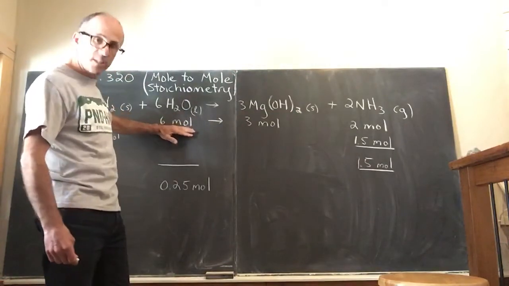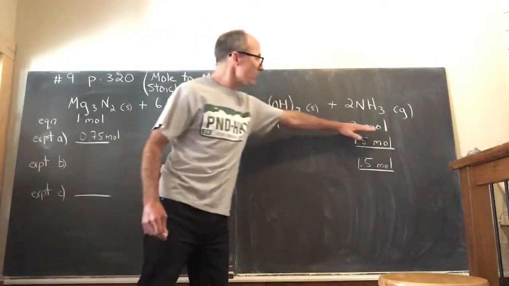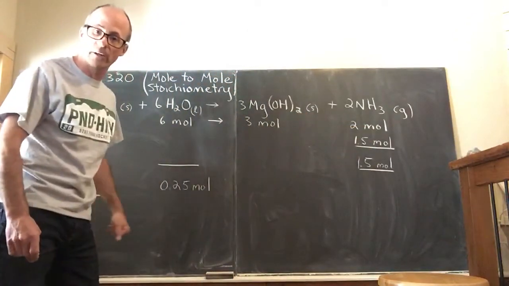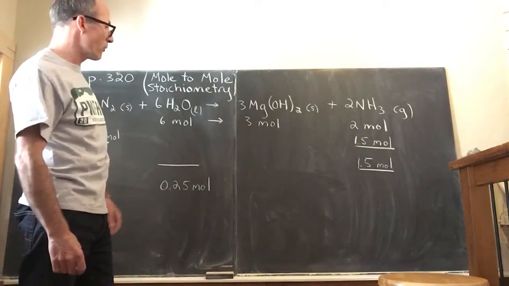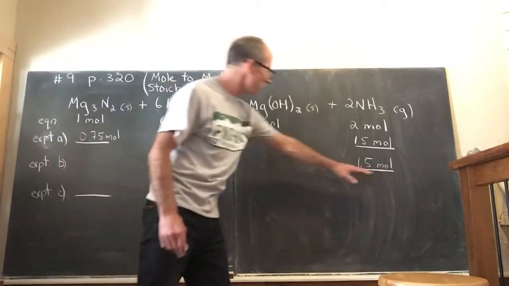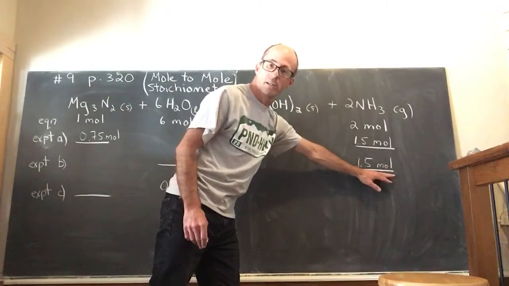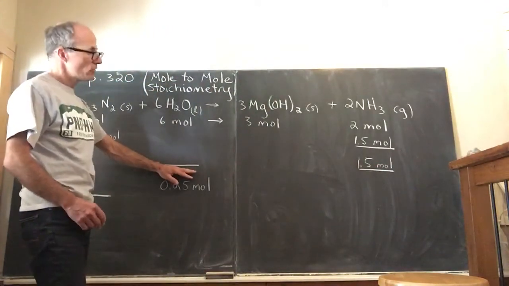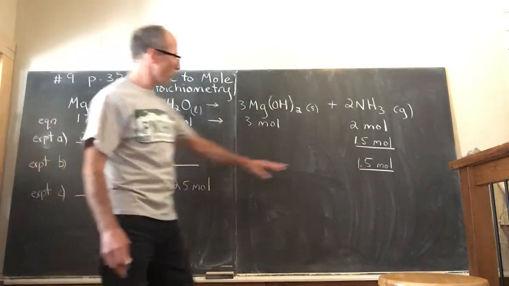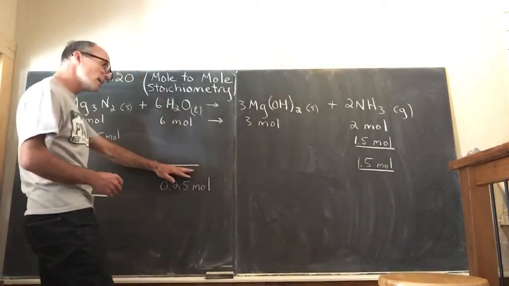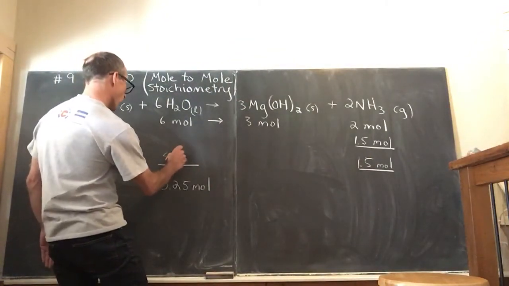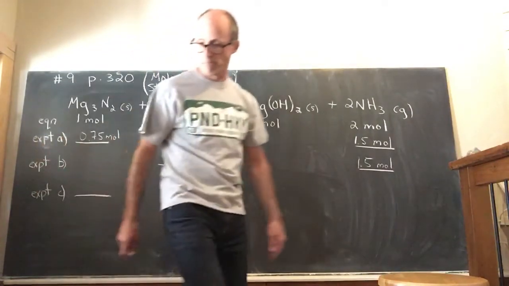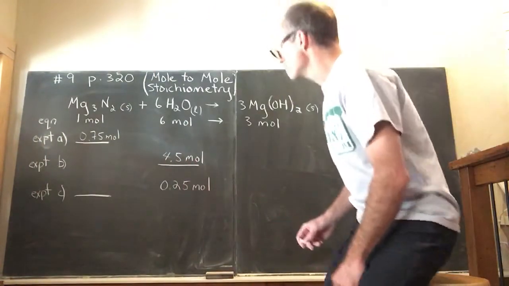This number is 3 times as big as this number. And again, mental math. You don't have to use a calculator. So you can pretty well figure this out because this number is 1/3 or 2/6 the size of what we need over here. So in your head, 1.5 times 3 is 4.5 moles of water. And that's all there is to that.